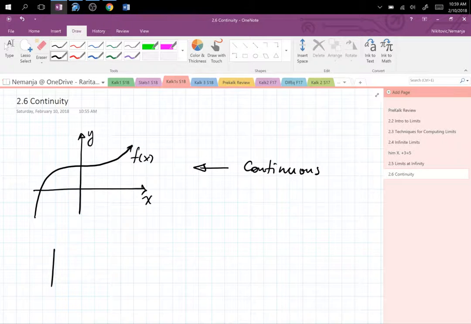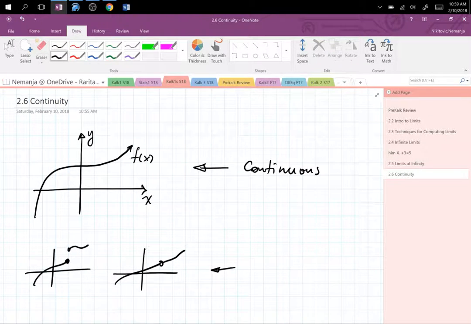And then over here I'm going to draw a jump. I'm going to draw an open circle, and I will say not continuous. So visually it should be very easy to spot continuous versus non-continuous.